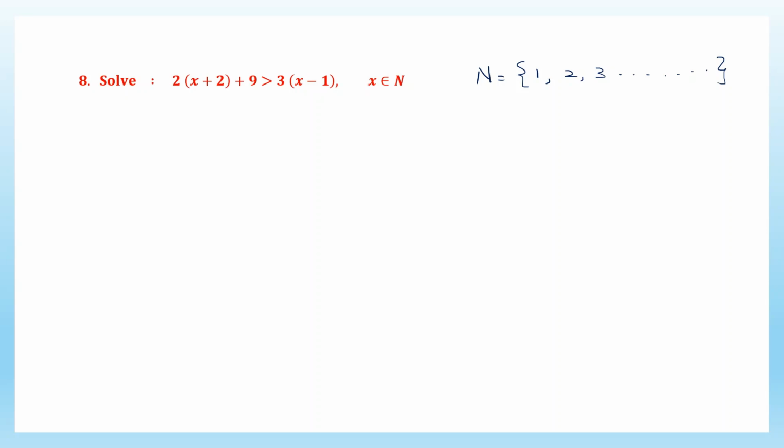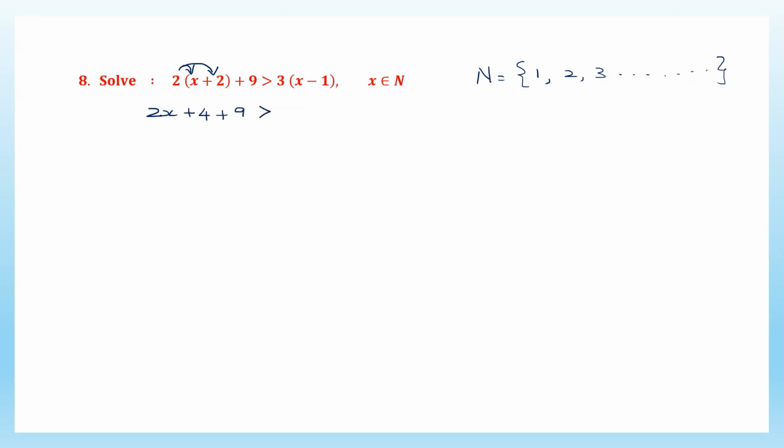Now, since you have 2 before the bracket and there is no sign, doesn't say minus or plus, isn't it? So if there is no sign, it's understood that it is multiplication. So let's multiply 2 into x. 2 into x is 2x, and then we multiply 2 into plus 2. So 2 2s are 4. Then we write the next one, which is 9.